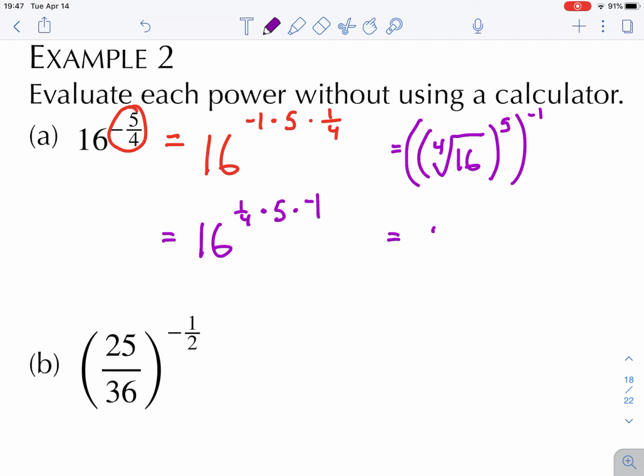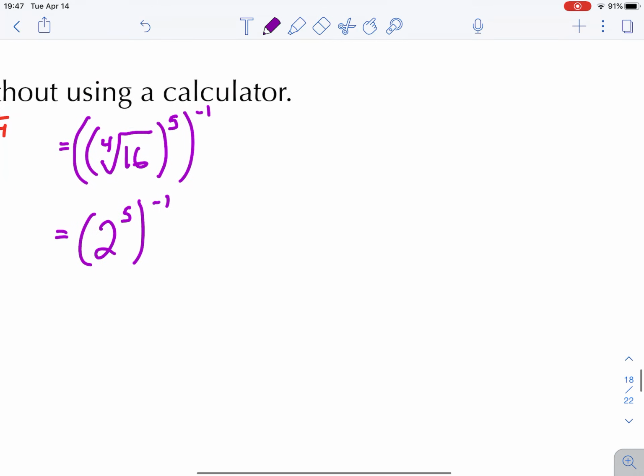Now I can just work it out. The fourth root of 16 is 2, to the power of 5, to the power of -1. Keep working. 2 to the power of 5 is 32 to the power of -1. So our final answer is going to be the reciprocal of 32, which is 1 over 32.